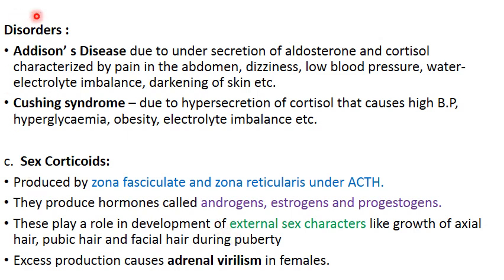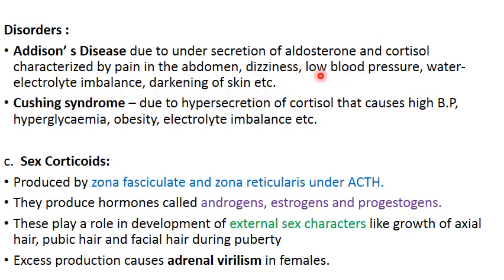Now coming to the disorders. First is Addison's disease due to undersecretion of aldosterone and cortisol. So what are the symptoms? Pain in the abdomen, dizziness, then low blood pressure, water electrolyte imbalance.